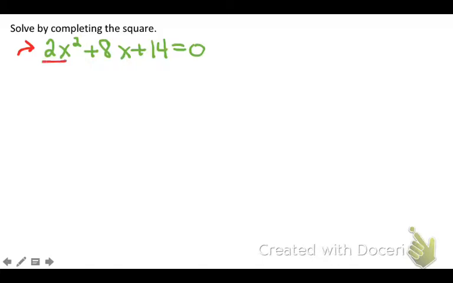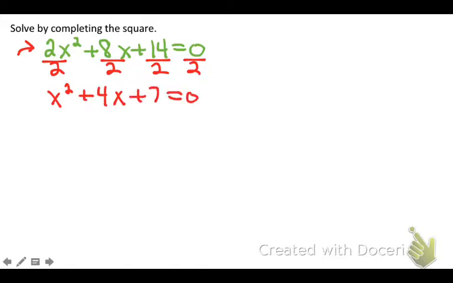So the first thing we'll do is to divide every term by 2. So x squared plus 4x plus 7 equals 0. Next, we're going to subtract 7 from both sides. X squared plus 4x, I'm going to leave a space, equals -7.